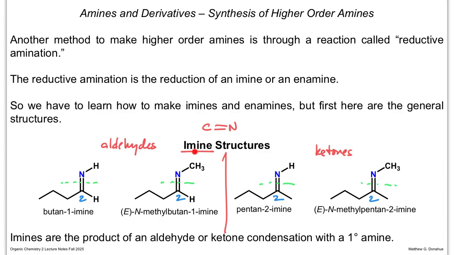So imines are the product of a condensation between an aldehyde or a ketone with a primary amine. So when I do that dissection, if you think of that coming from a carbonyl, what amine is it condensing with?